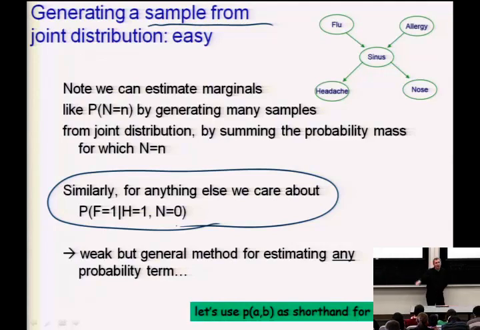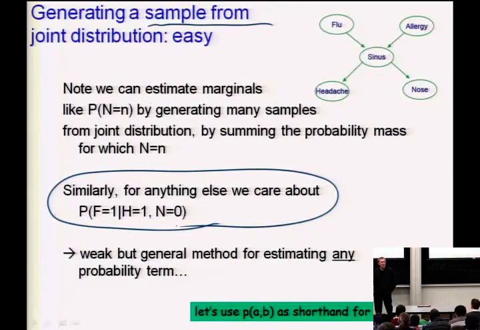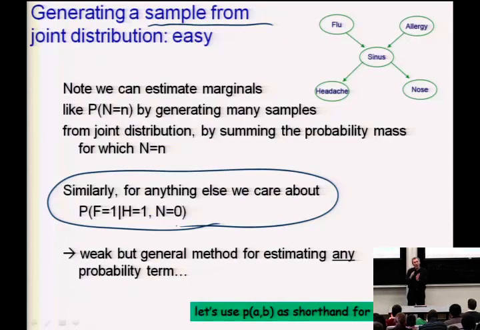So there's some kind of trade-off curve between how many random samples you generate and how accurately you can estimate the thing you're trying to estimate. These Monte Carlo methods only give us an estimate of these probability terms. They're not exact answers the way our first procedure was.